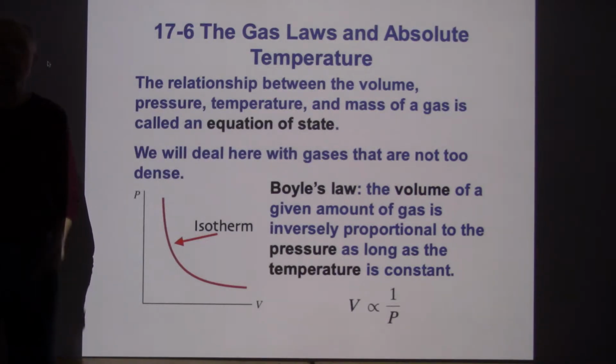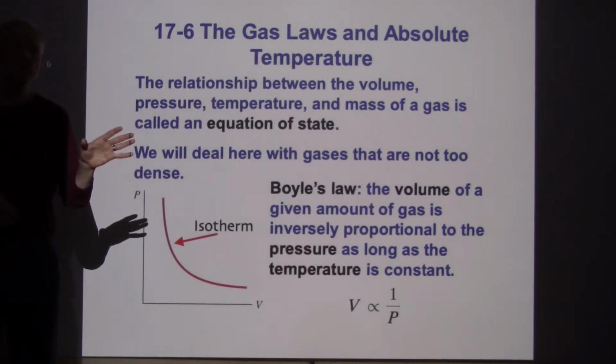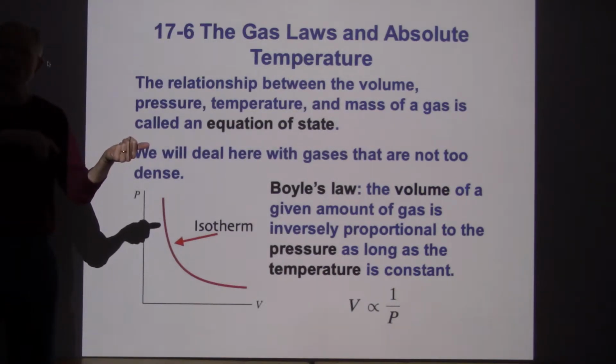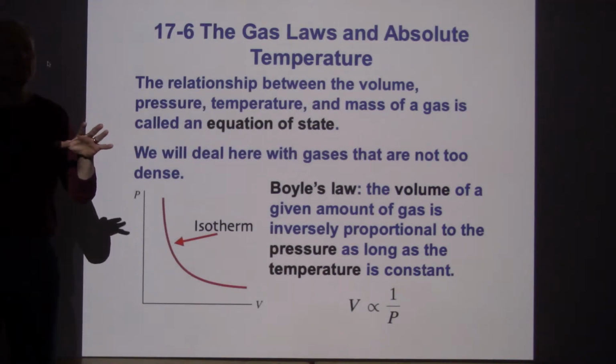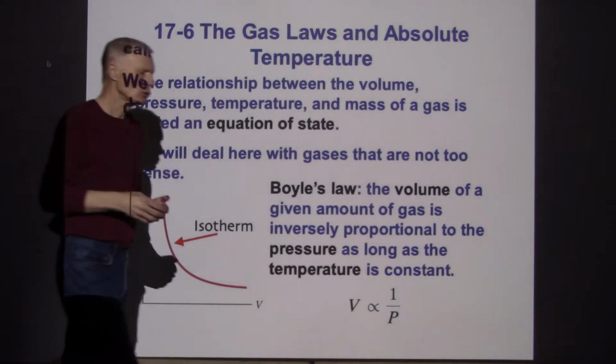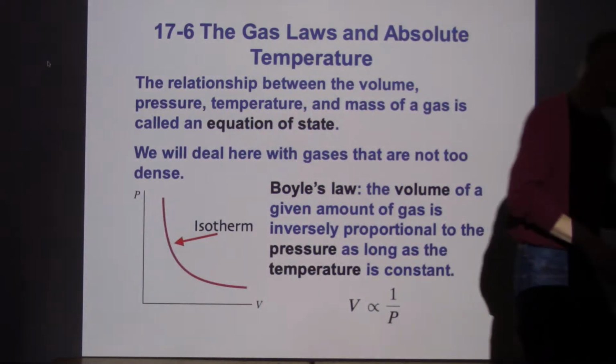So with gases, we have to keep track of temperature, pressure, and volume all at the same time. On the other hand, it turns out that with gases, the formulas we come up with are probably more reliable. So we've got an extra variable to keep track of, but the formulas we get are going to easily represent all types of gases, all compounds, pretty well. So that's kind of a trade-off.